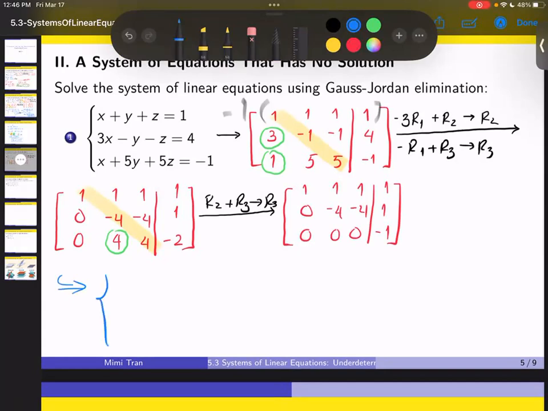You would have plugged x, y, z back. You plug it back. Is 0 equal -1? No, right? False. And you stop, you're done.